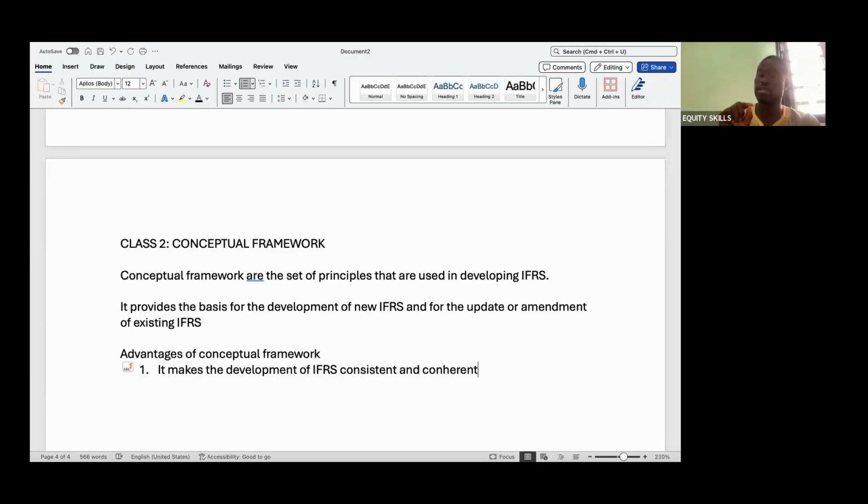As it is today, when you check all IFRS that deal with non-current assets like PPE, intangible assets, even biological assets, even some financial assets that are non-current, you find out that their recognition criteria, their measurement basis, and the disclosure requirements are so consistent and coherent. The same basis.